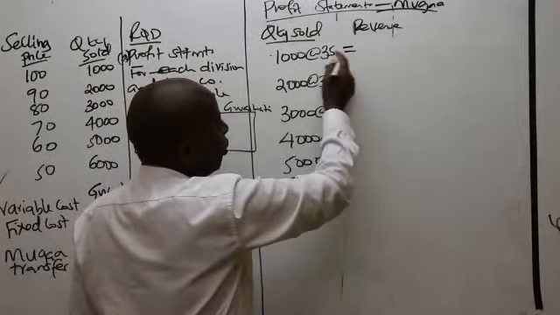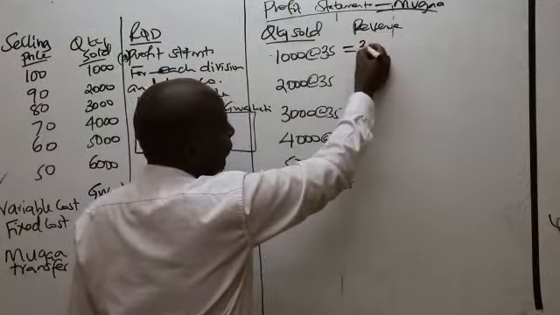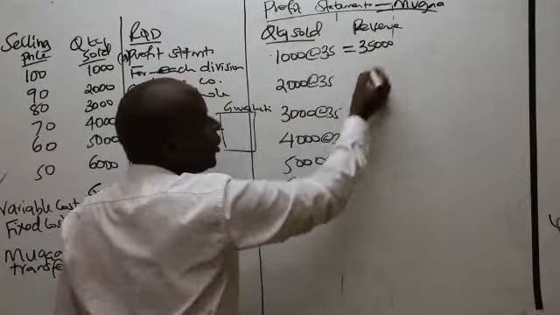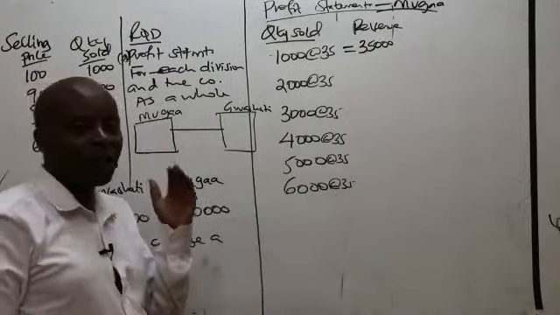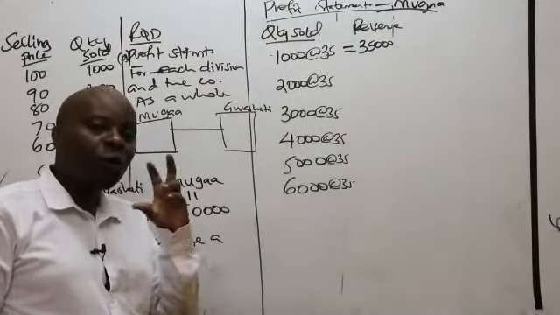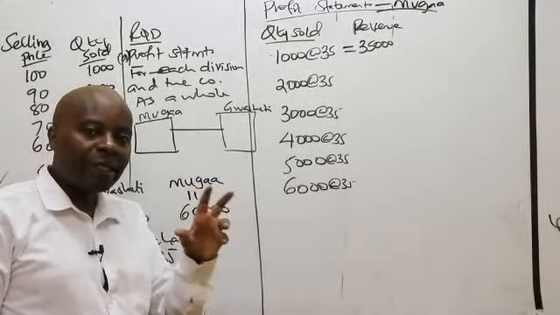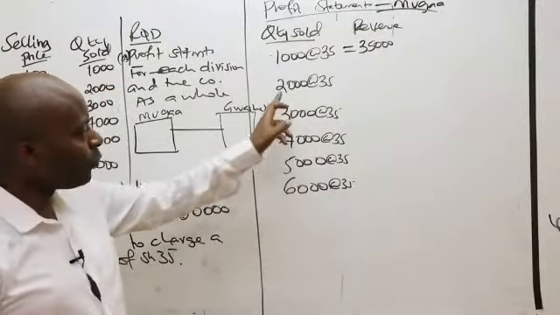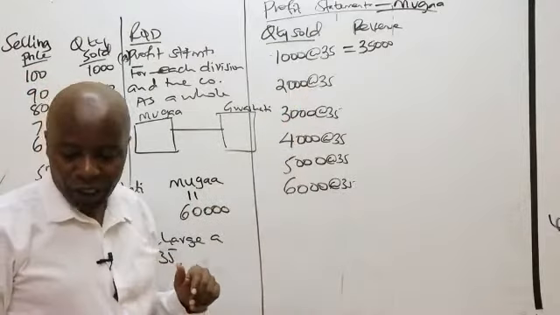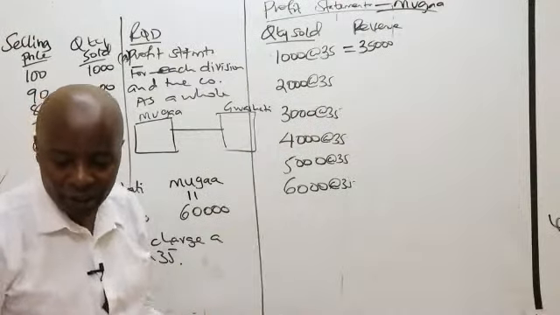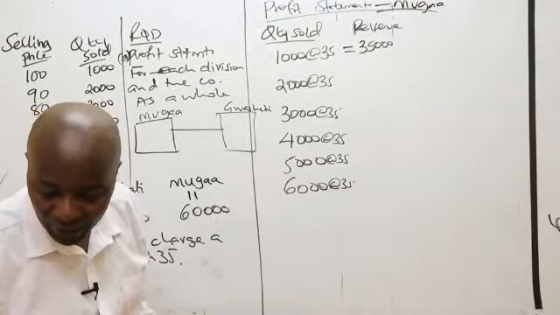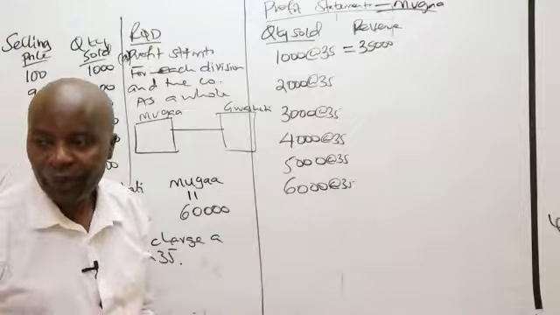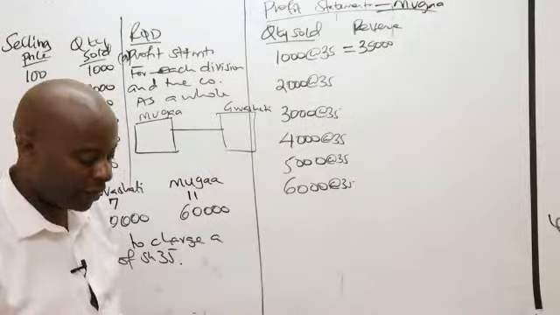We have 1,000 times 35, that gives us 35,000. Ladies and gentlemen, remember that revenue is price times quantity. So we have 2,000 times 35, that is 70,000.